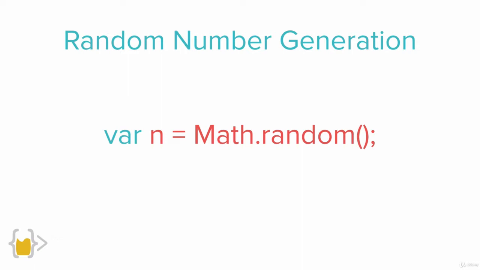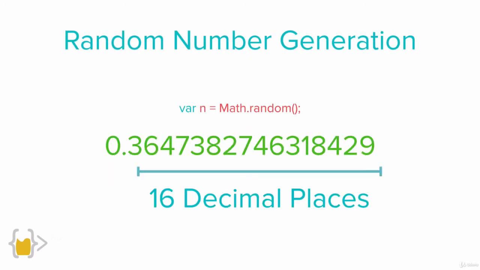So JavaScript has a really handy way of generating random numbers. As you can imagine, especially when you're creating things like games, you need a lot of random numbers to be generated. You can do this using JavaScript by simply writing Math.random. This is a function that generates a random number, and the random number that gets generated is a 16 decimal place number.